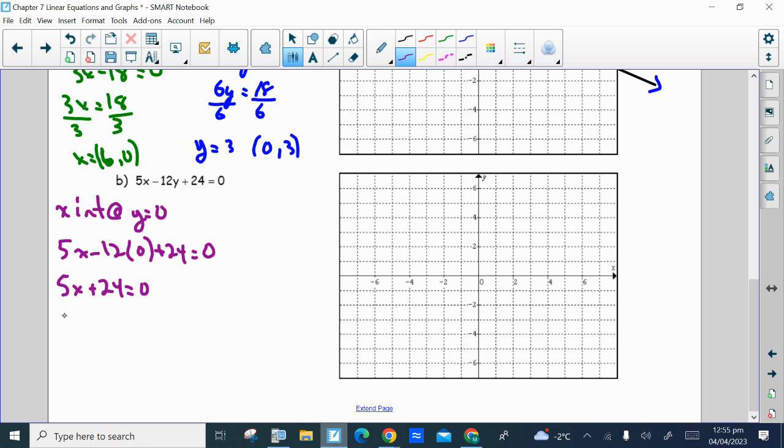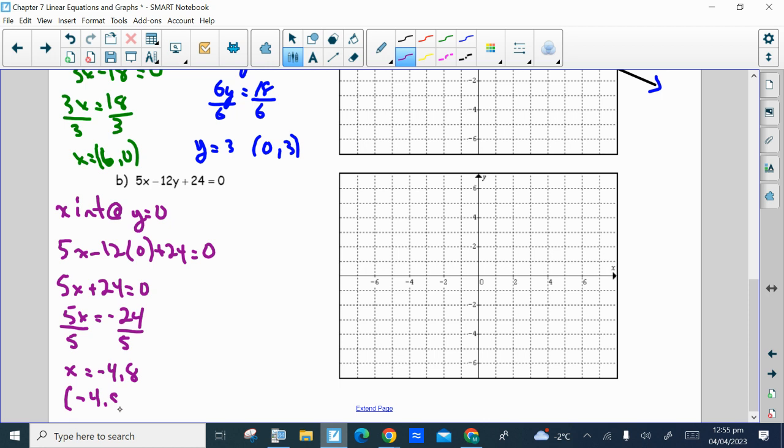And now we need to solve for x. We'll subtract the 24 from both sides, so it becomes negative 24 on the other side. Then we'll divide both sides by 5, and x will equal negative 4.8. When you divide negative 24 by 5, you'll get negative 4.8.